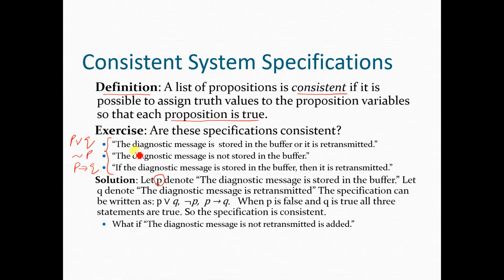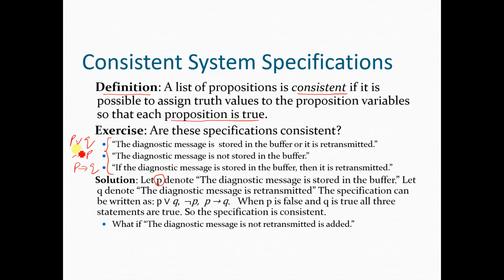Now, this system is consistent if we are able to find such truth values of P and Q for which all these statements are true. If this is not going to happen, then this system is not consistent. So let's try. Let's start with P false.